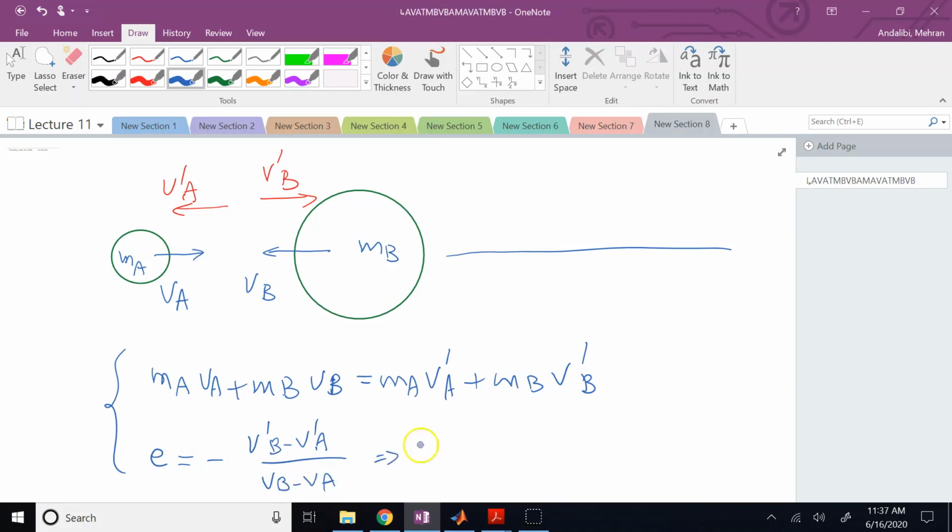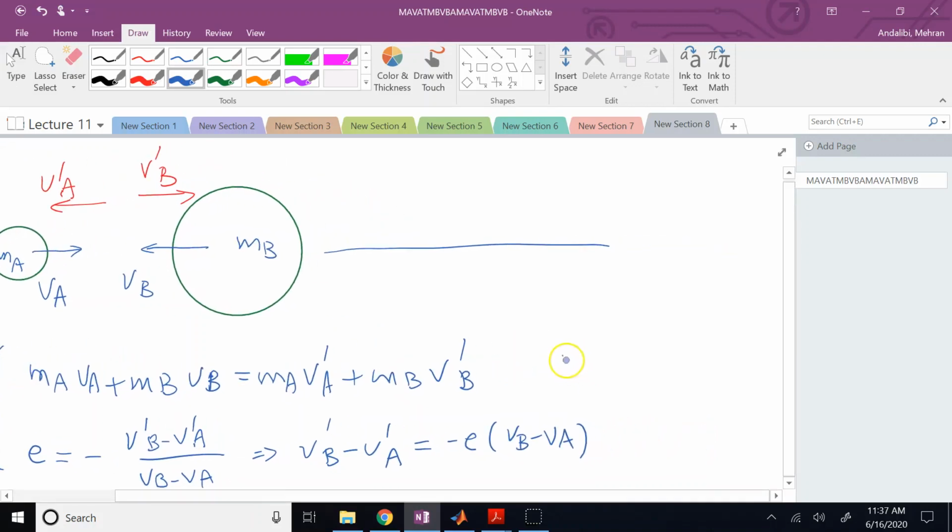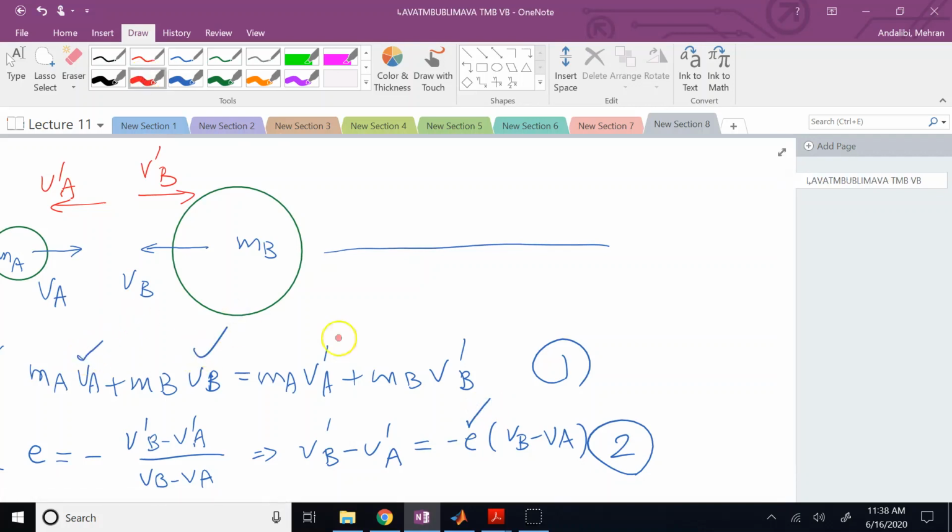So if you cross multiply, you would get V prime B minus V prime A is negative E times VB minus VA. And so I can use this equation 1 and I can use equation 2 because again E is given to us. And VA and VB are given, and I need to find the primes.